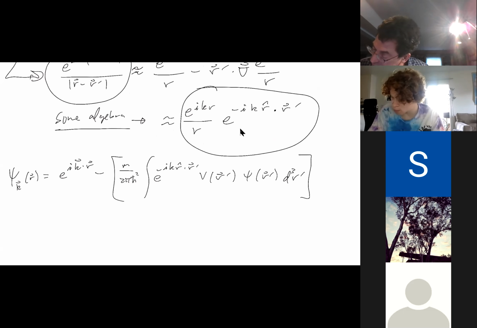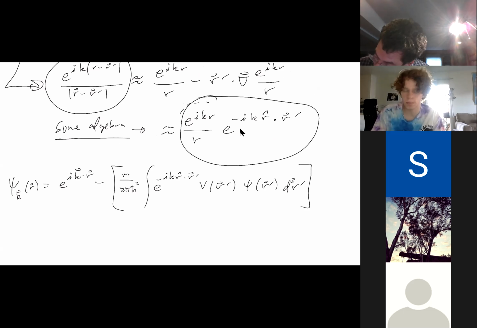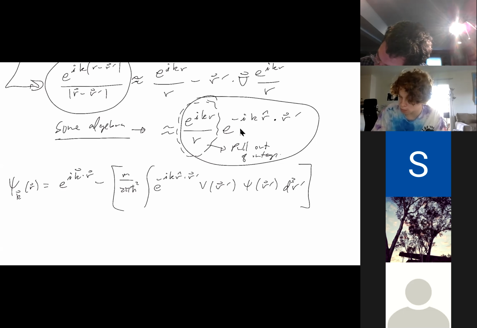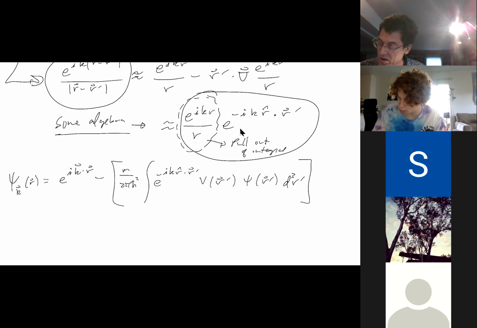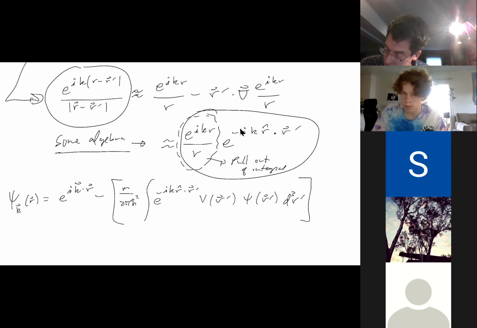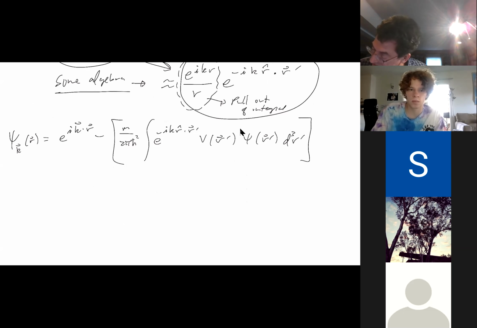And this part I can pull out of the integral, because it doesn't depend on r prime anymore: e to the i k r over r.